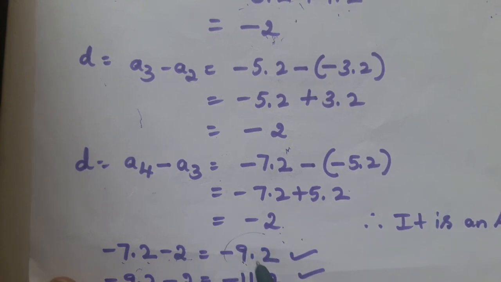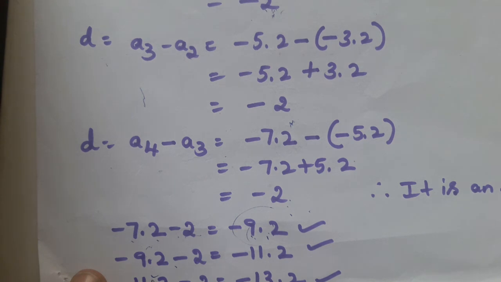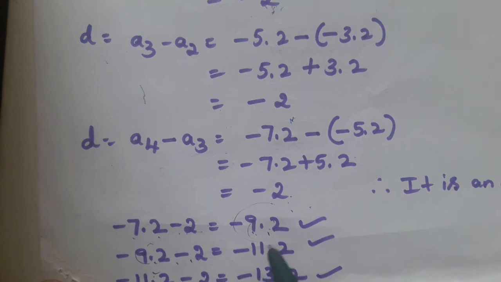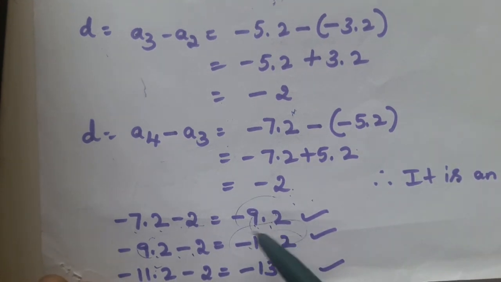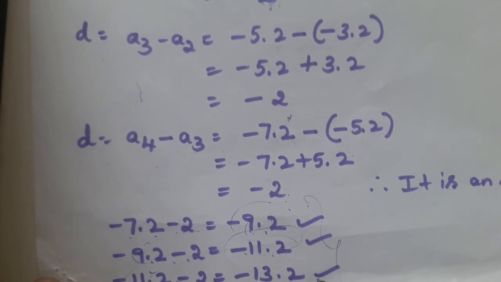For this minus 9.2, we add minus 2 again and get minus 11.2. For this, we add minus 2 again and get minus 13.2. So we have found the next three terms.